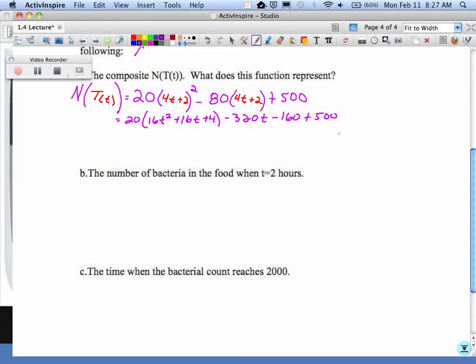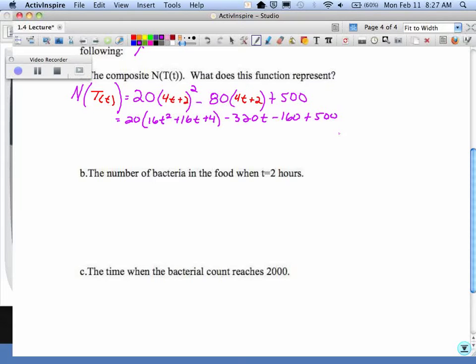Take 4t plus 2 times 4t plus 2: 4 times 4 is the 16t squared, 2 times 2 is the 4. But on the outside-inside, it's 2 times 4 and 2 times 4, so you're going to have 8t for the outside, 8t for the inside, 16t.